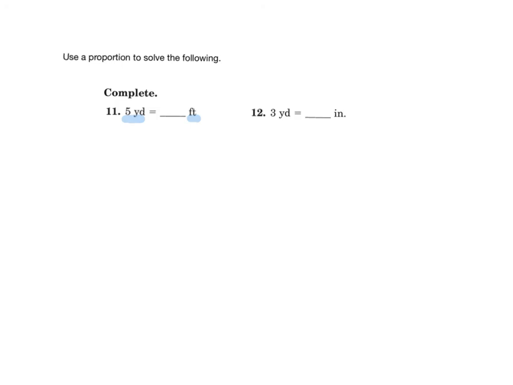Make sure you're setting up just like we did in our warm-up. If it's yards to feet, right, you need to make your 5 yards equals how many feet? You need to come back to 1 yard equals how many feet, right? Set up your proportion. I'm looking that you're showing me your work.